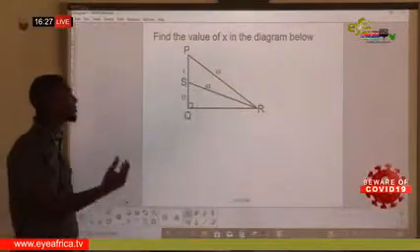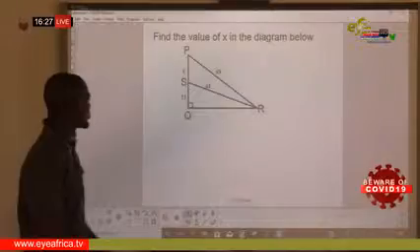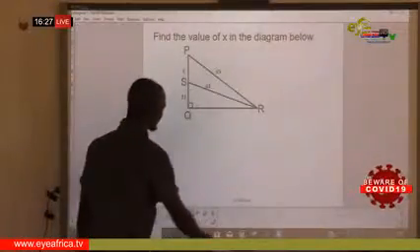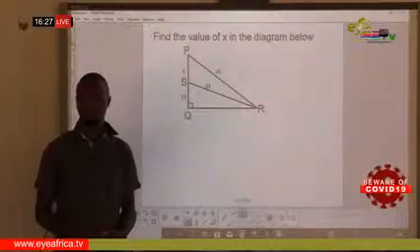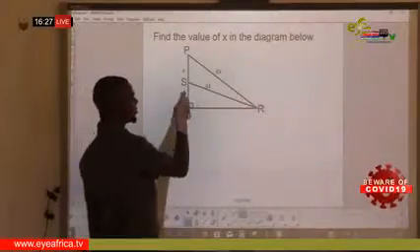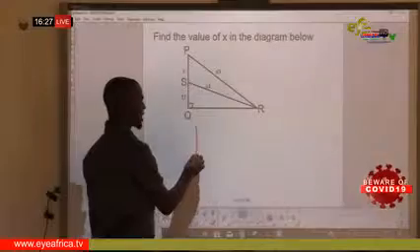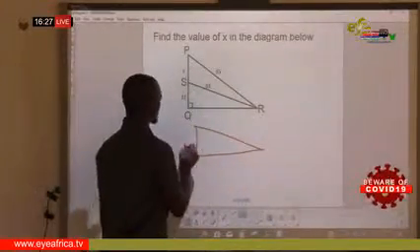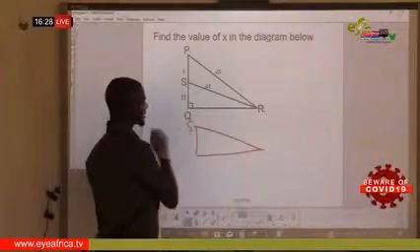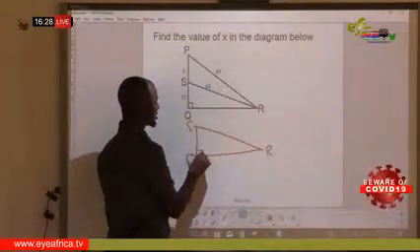Now, how do we find the value of x in this diagram? First, we have to find this distance here, the distance QR. In triangle SRQ, if I take that triangle out, this is S, this is R, and this is Q. This is the right angle.